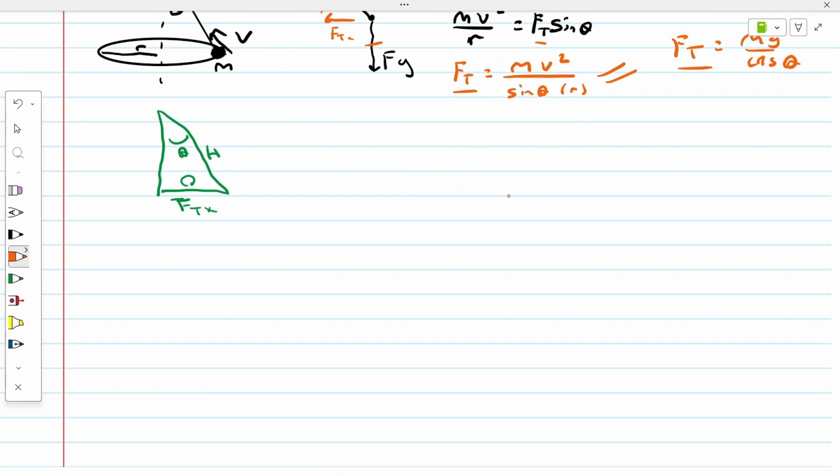So we can now say that mv squared over r sine theta is equal to mg over cosine of theta. Right away we can go ahead and remove these masses because those cancel out.